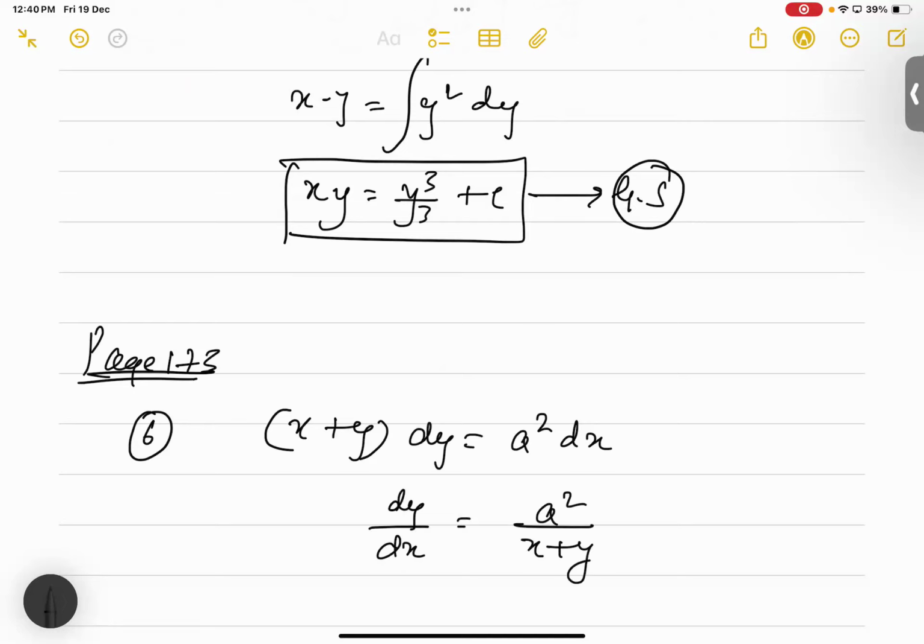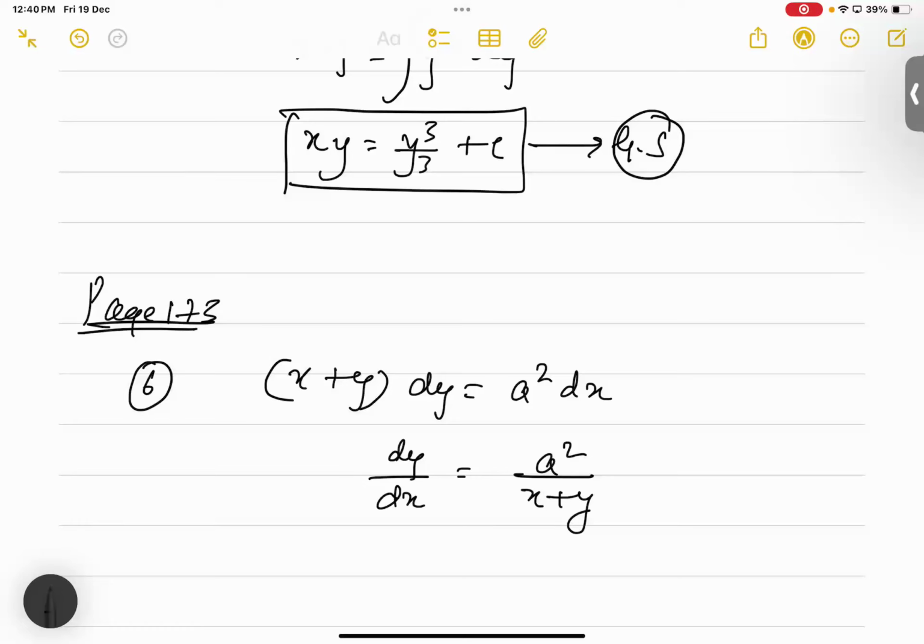Between x and y there is a plus sign. Separation is not possible. Had it been multiplication, it would separate easily. Plus or minus in between, we cannot separate. We can do the method of substitution over here. Put x plus y is equal to t. We can do that, but I'll avoid that.